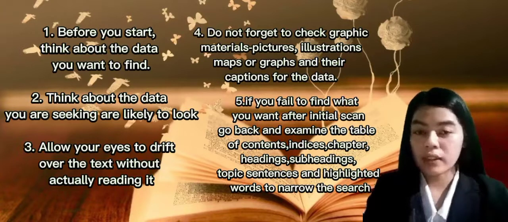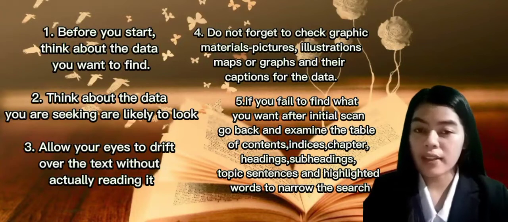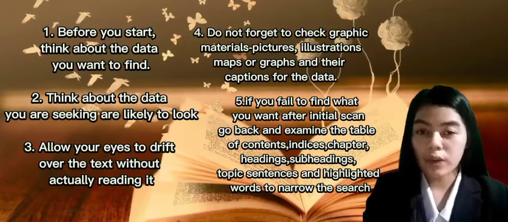And if you fail to find what you are searching for after the first scan, go back and examine the table of contents, indices, chapter headings, subheadings, topic sentences, and the highlighted words to narrow the search for your second scan.